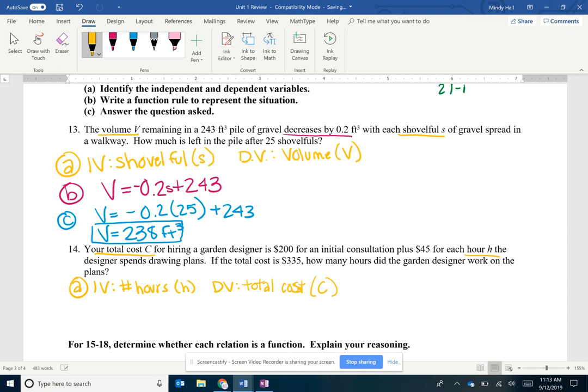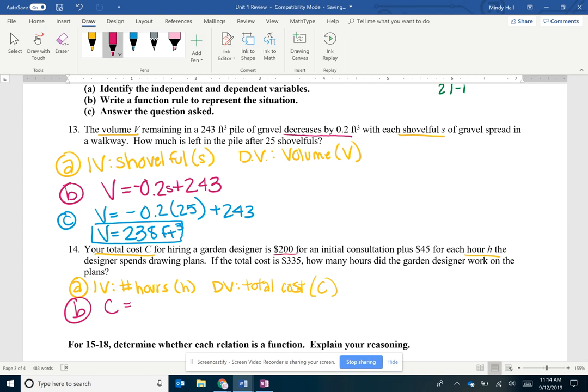So then, to get an actual function rule for this, I need to think about where did I start and how much does it change by. Because of that, we have to start with our total cost because our cost depends on hours.